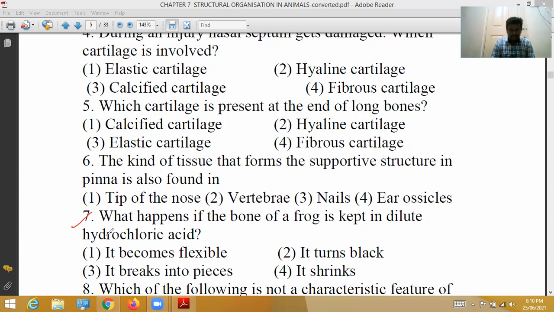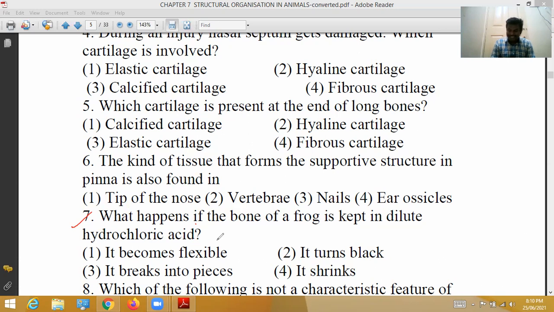Next, seventh question. What happens if the bone of a frog is kept in dilute hydrochloric acid? When kept in dilute acid for long hours, the calcium, magnesium, and potassium of the inorganic part of the matrix get dissolved.